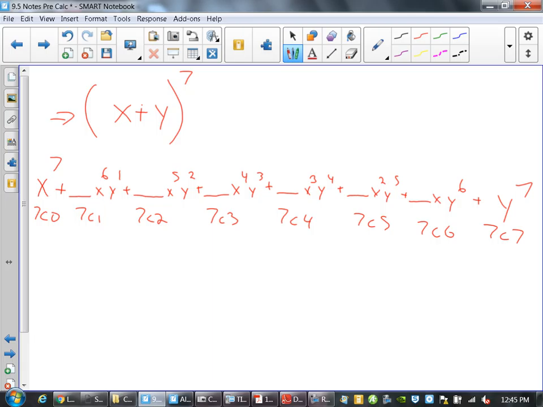That's what it'll do. Those are how your coefficients are going to line themselves out. You start at 0 and you go through your exponent.